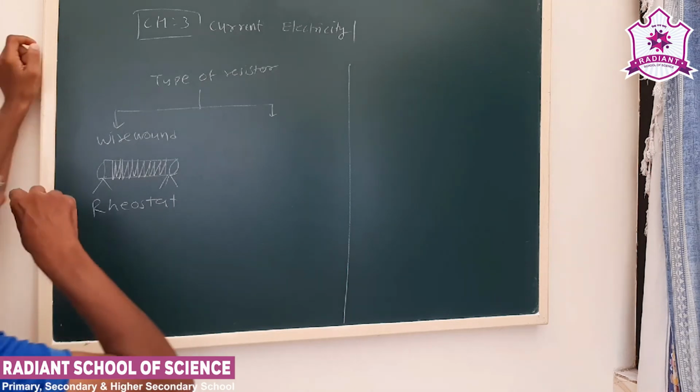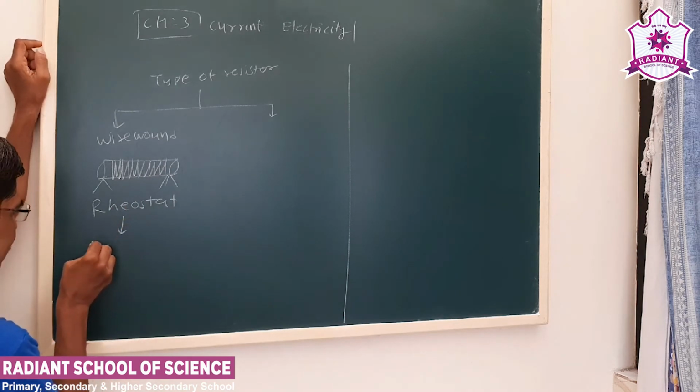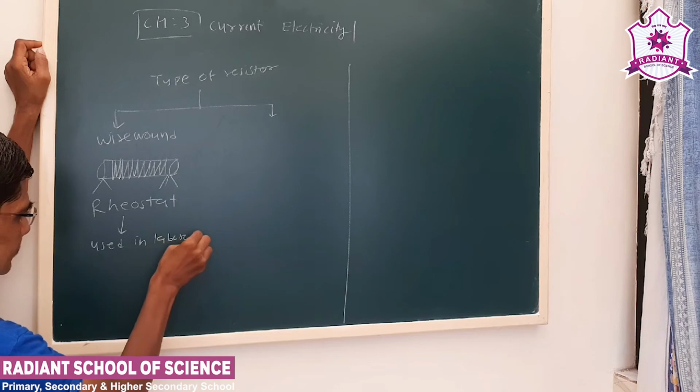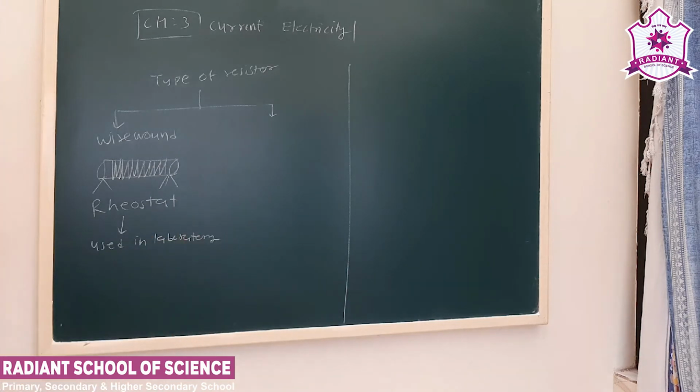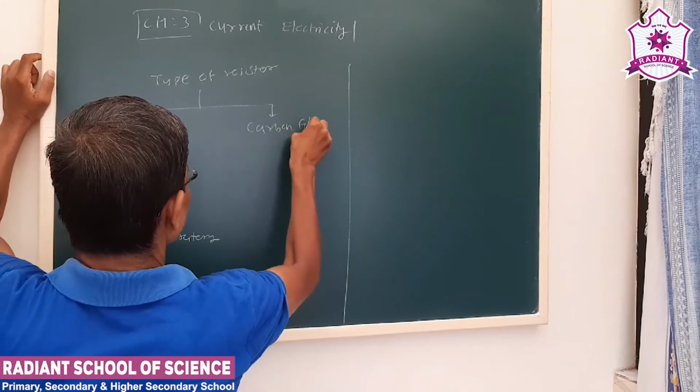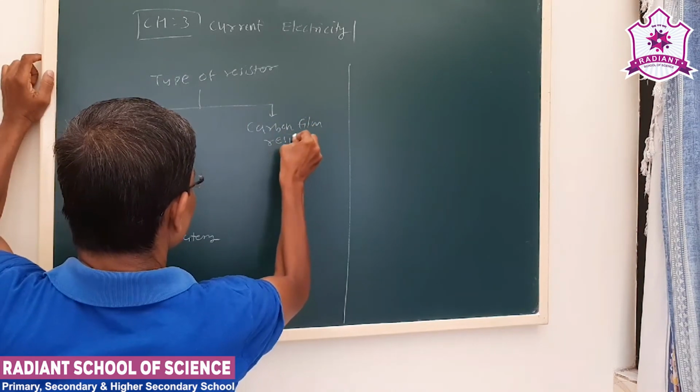Now the rheostat is generally used for laboratory purposes. Now another is a carbon film resistor.